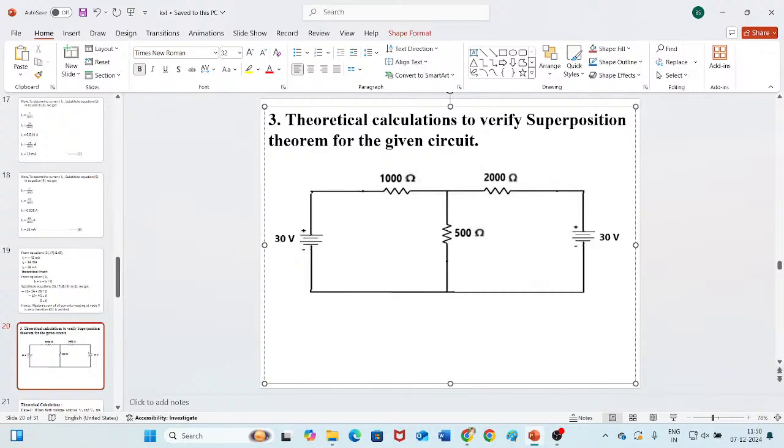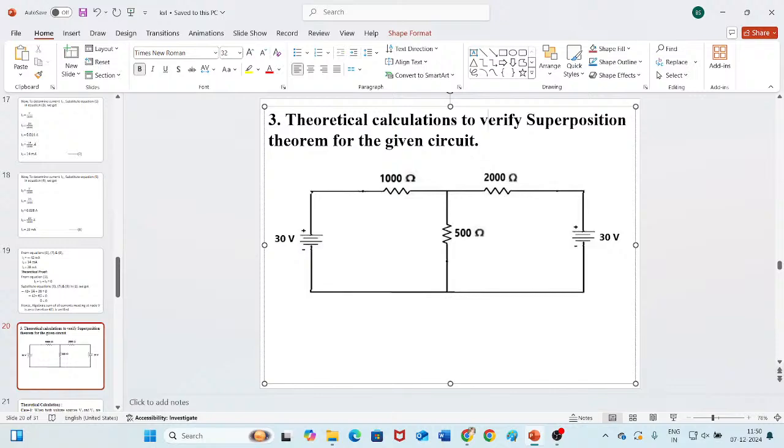Individual means when only this voltage source is there and the other is removed, plus the current when this source is removed and only the other source is present. When you add those two currents, that should be equal to the current flowing through the element when both sources are present. So let us consider the 500 ohms resistor.